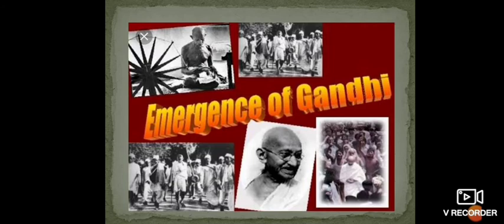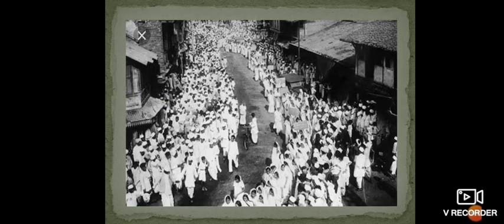So that is all about the life of Gandhiji. From there, we came to know that Gandhiji was a well-educated person. Not only that, his father was also a social worker and a very rich fellow. So that is regarding the emergence of Gandhiji.